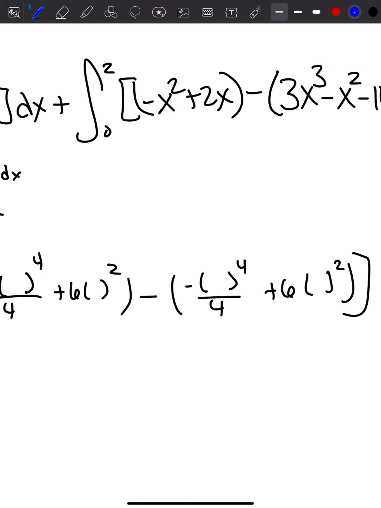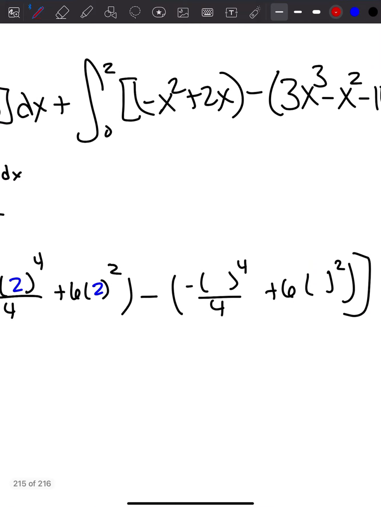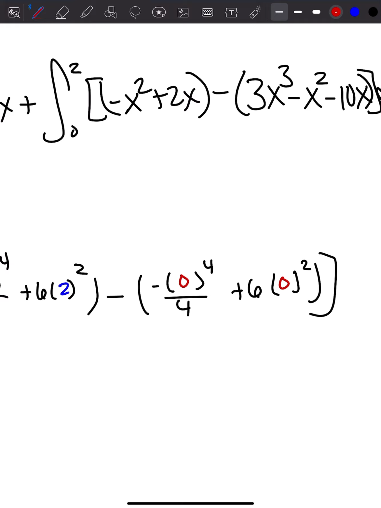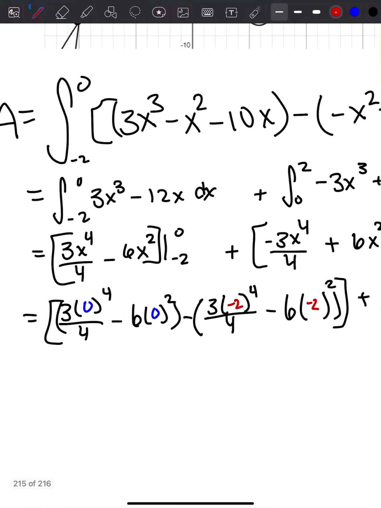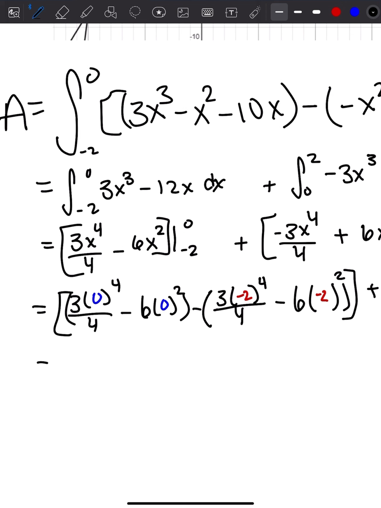Okay, so we're plugging in 2 for this one and 0 for this one. So I know this all goes to 0 where the zeros are. So I'm looking at whatever answer I get for this is negative.